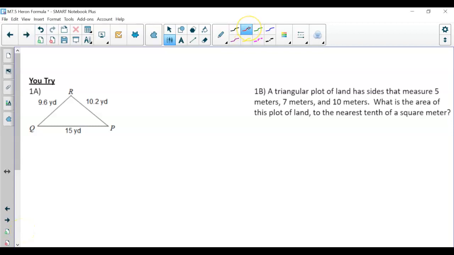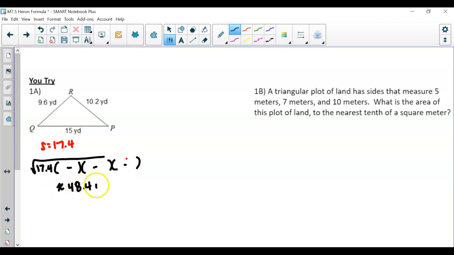And here we go. For the first one, your value for S, you should have gotten 17.4 after adding up all three sides, but then don't forget to divide by 2. Then the area, the square root of 17.4 times 17.4 minus each of the three sides. You should have gotten an area of approximately 48.4 square yards.